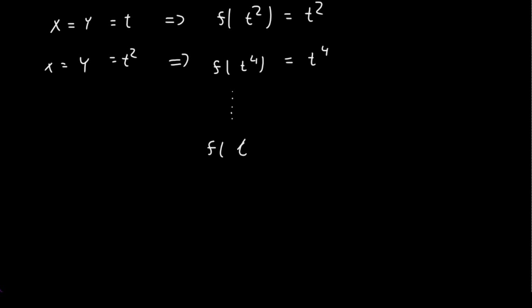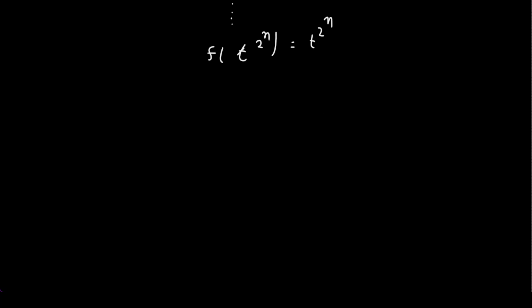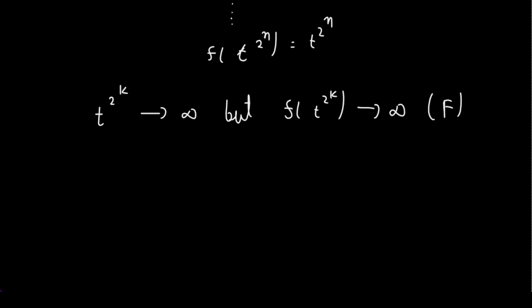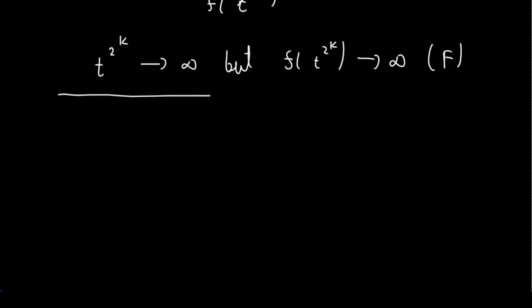When I take this sequence, it goes to infinity, but also f of this sequence goes to infinity, which is a contradiction with the second condition of the problem. So the only fixed point is 1.